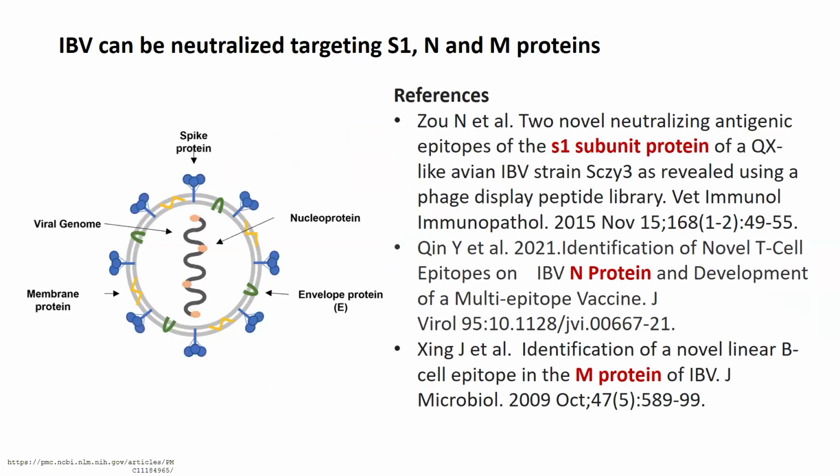The SARS coronavirus vaccine was entirely based on the S1. And that may be one reason, because it's an mRNA vaccine, why the SARS coronavirus is replicating in vaccinated individuals. When I looked at the avian corona, I can see that the neutralizing epitopes are not only present in the S1, they're also present in the N and the M proteins.